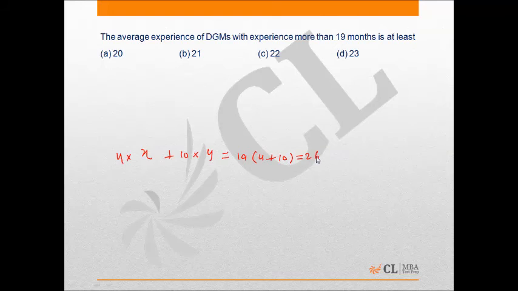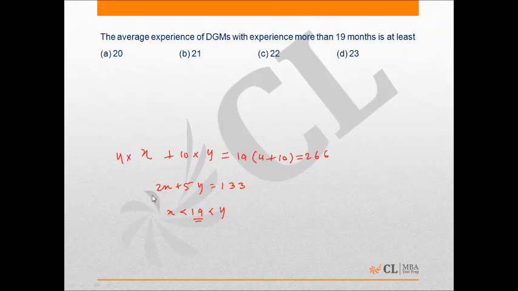This is equal to 266, from where we get 2x plus 5y equal to 133. Again, it can be noted that x is less than 19, which is the average experience of all the DGMs, and y has to be more than this.